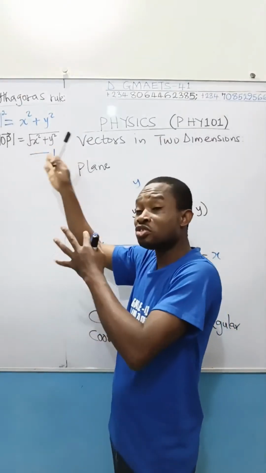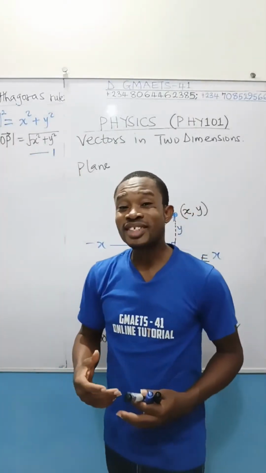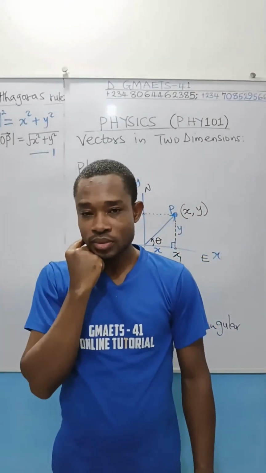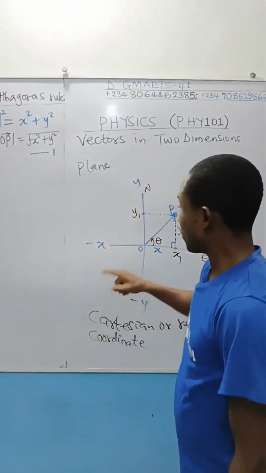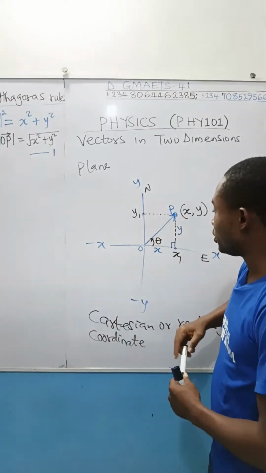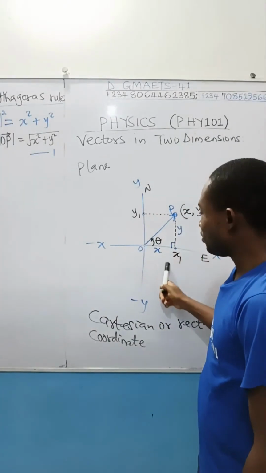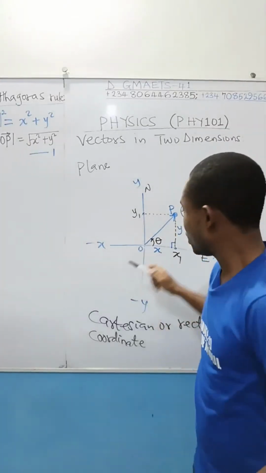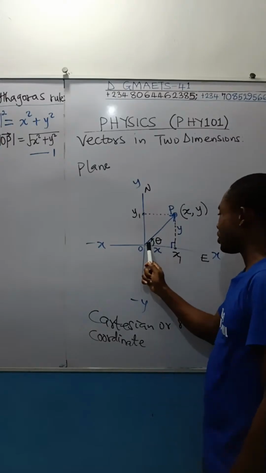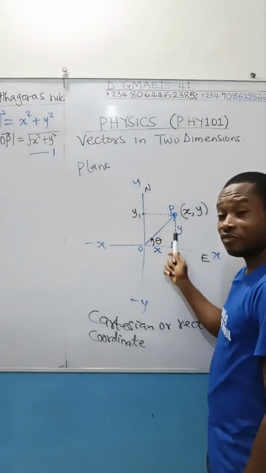The point of interest first, before we move on to another way of resolving vectors in two dimensions. So look at it. To get the magnitude of this OP, it is going to be the square of this horizontal plus the square of this vertical. Because of the way this angle is fixed, you see this side facing the angle. If you draw a line from the angle, it's going to touch this vertical.